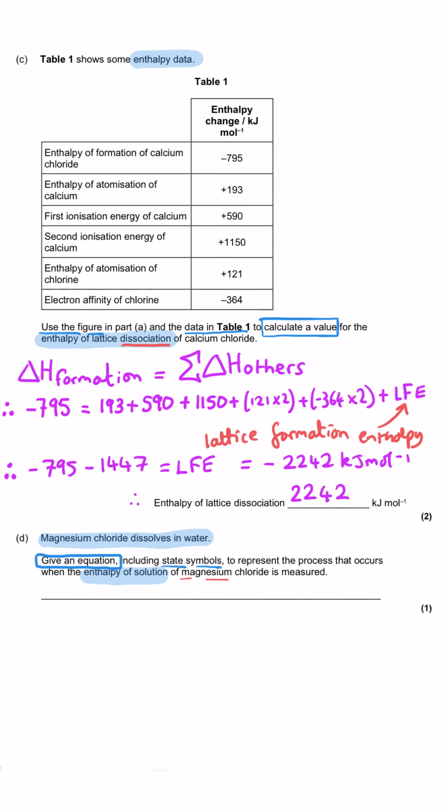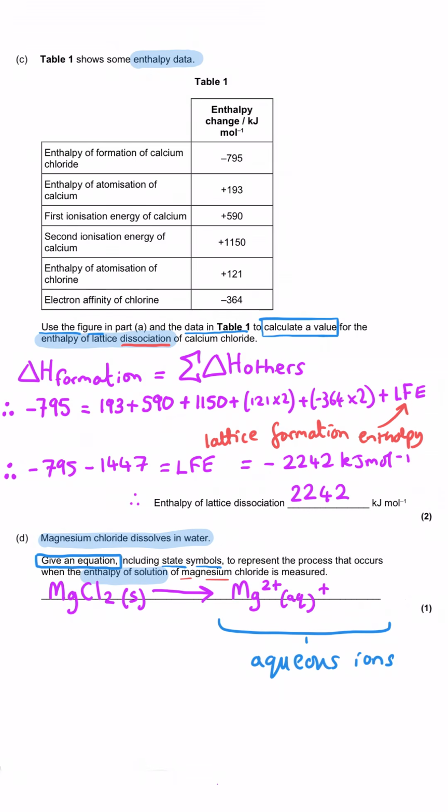So whenever you dissolve anything, you take the solid ionic compound, 1 mole of it, and it turns into the aqueous ions that ionic compound is comprised of. So magnesium chloride is MgCl2, and so the ions that make that up will be Mg2+ aqueous, and 2Cl- aqueous. And so that would probably be the best thing to write for our answer.